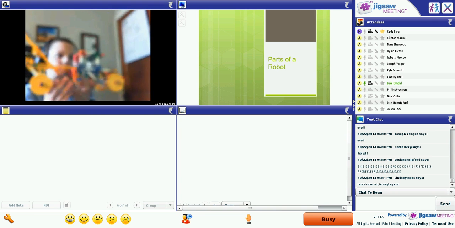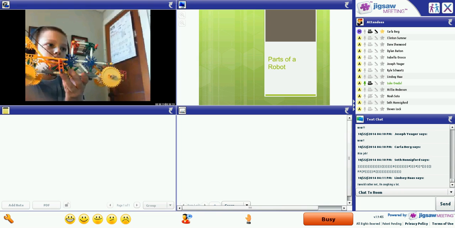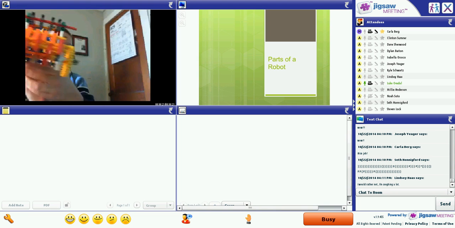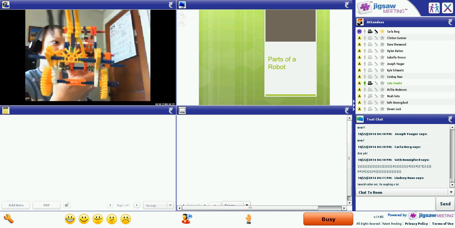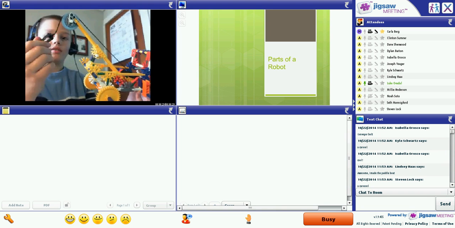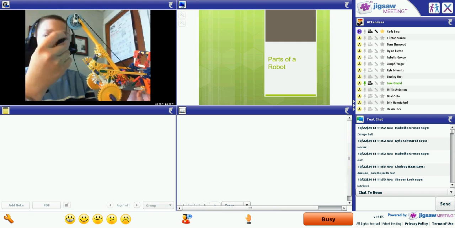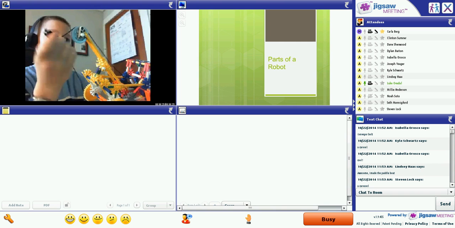I built the tow truck, and me and my brother made some changes. Instead of what it showed for the hook and the directions, I put this piece on.